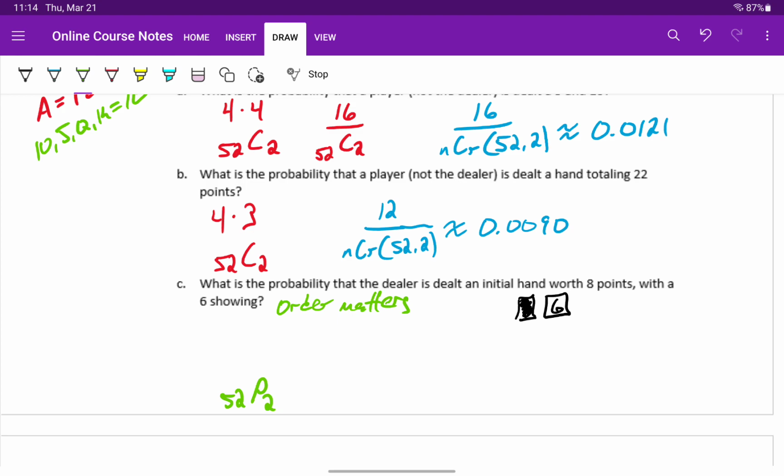So we're going to use permutations with 52 and 2, and our number of successes, we'd have to think about what that first card should be. Since we know he has a 6 showing, the other card has to be a 2. There are 4 2s in the deck. The second card has to be a 6. So there are 4 possibilities there. So we're going to calculate 16 over NPR of 52, 2.